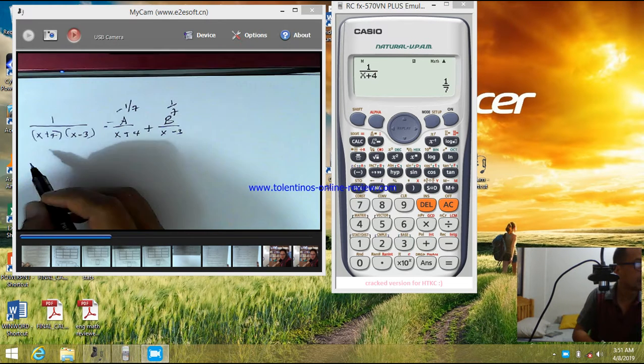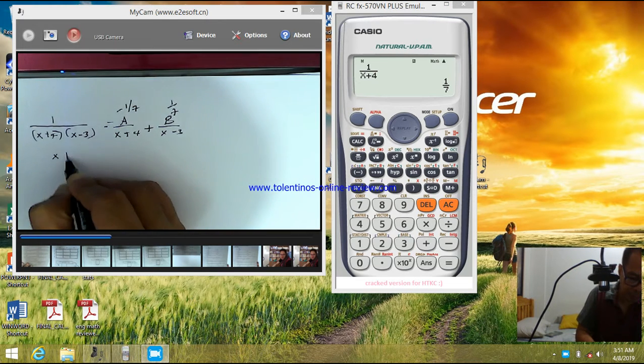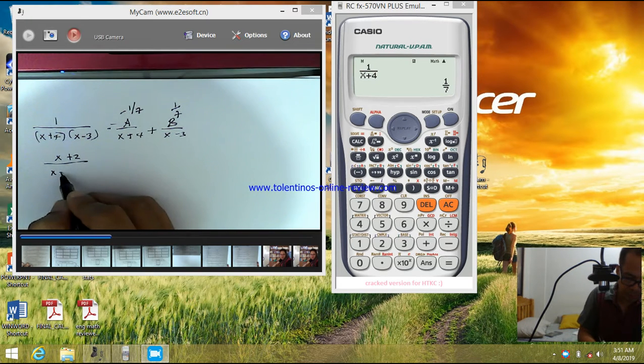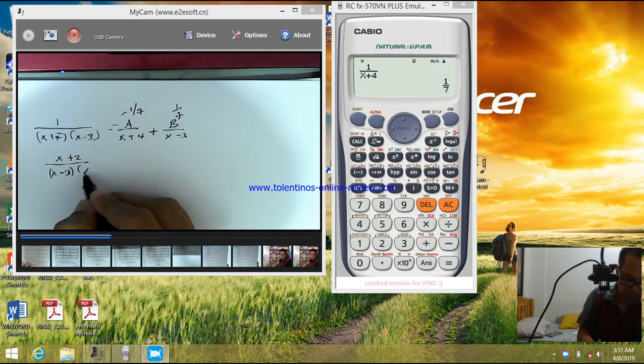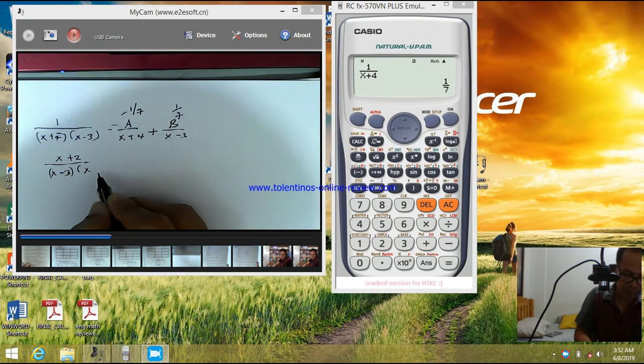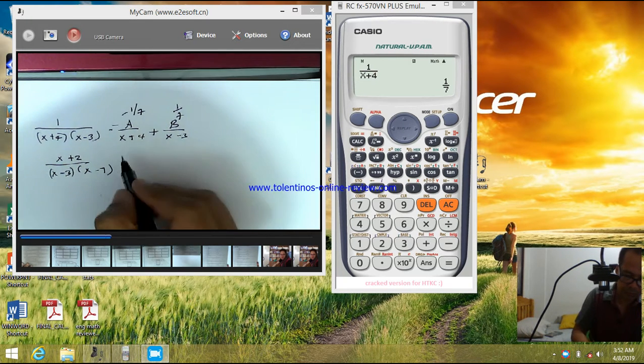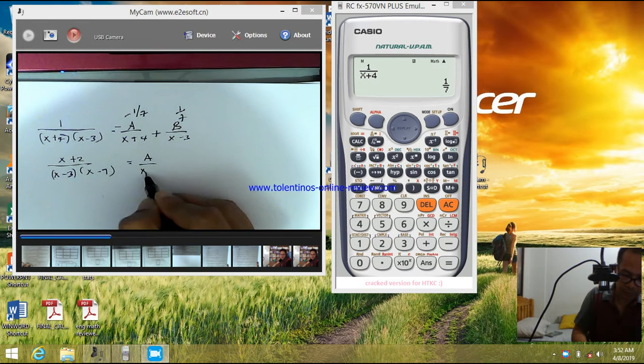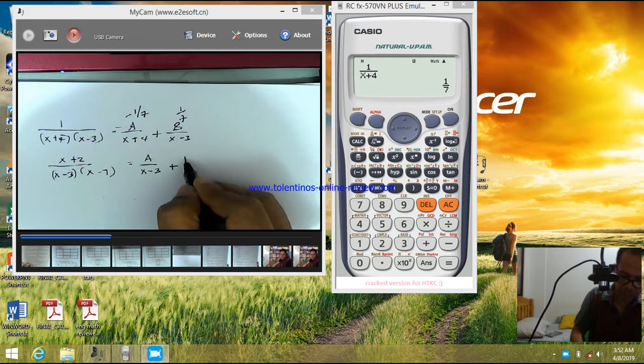Okay, similarly for the other problem, x plus 2 over (x minus 3) times (x minus 7). Again, this is equal to a over x minus 3 plus b over x minus 7.